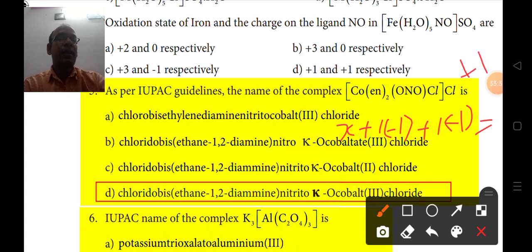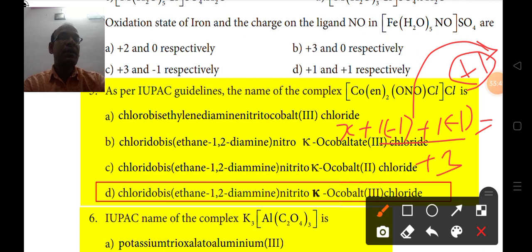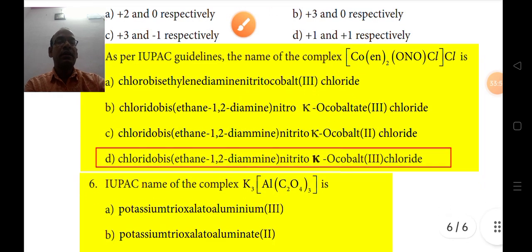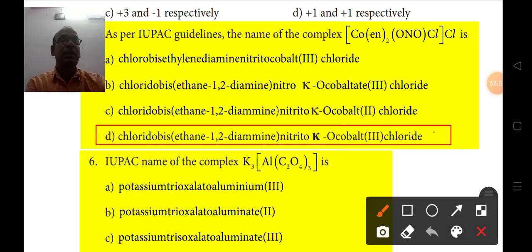These two are minus 1 and minus 1, coming to the opposite side, plus 2 plus 1. Therefore the answer is plus 3. Therefore the correct option is D, that is chlorido.